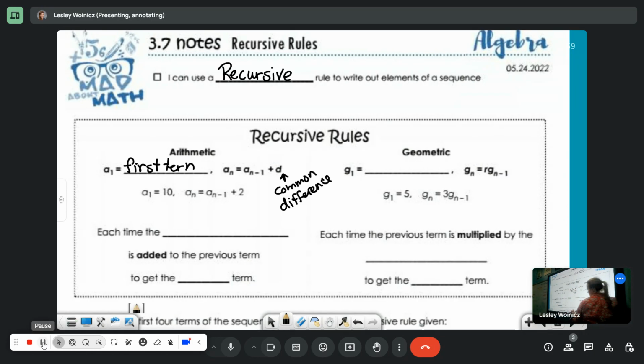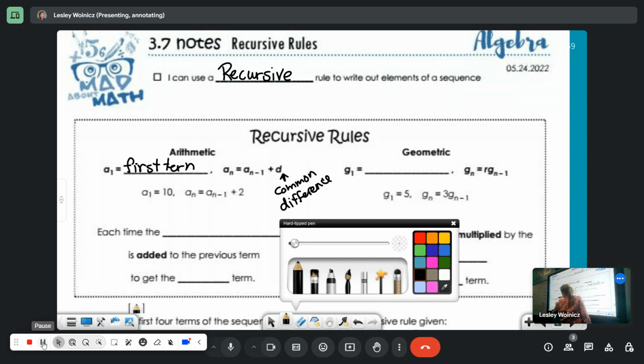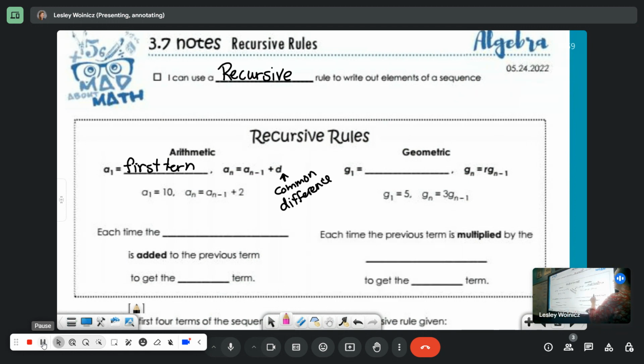Okay, so let's practice really quick on this one. We'll do a couple terms, maybe 5, so you get the idea. What is the first term of this example sequence? 10. Okay, how does the rule say to find the next term? I take the previous term and add 2. So I'm going to add 2 and I get 12. And then I'm going to add 2 again and I get 14.